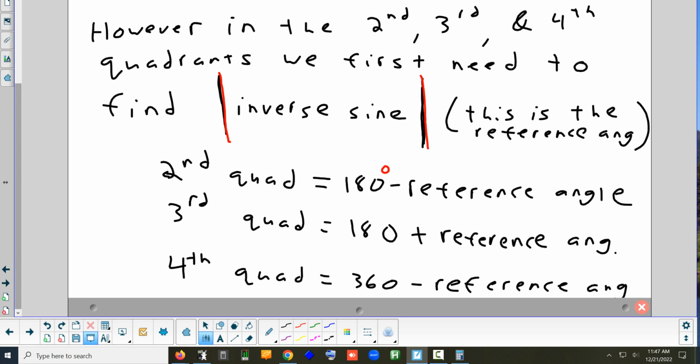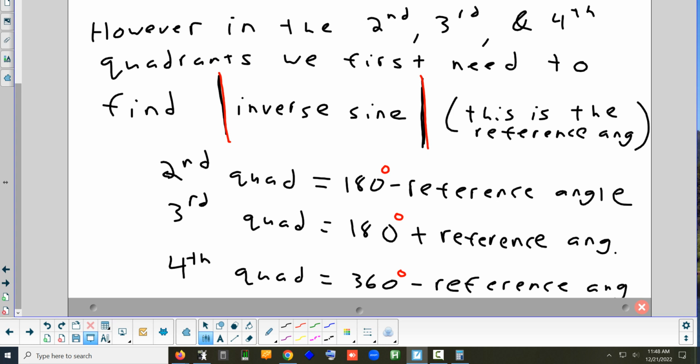If you're in quadrant 3, you're going to draw a triangle, find an angle, and that angle needs to be added to 180. And if you're in quadrant 4, you're going to draw a triangle, find the reference angle, and that needs to be subtracted from 360.